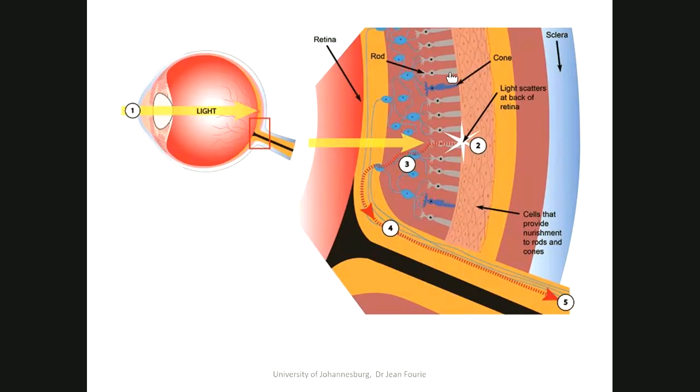And the rods and the cones receive different kinds of energy when they are receiving the light energy. And we'll have a look at that a little bit later. So if there is any damage to the retina, then these very fine hair-like neural endings are not able to receive the light anymore.